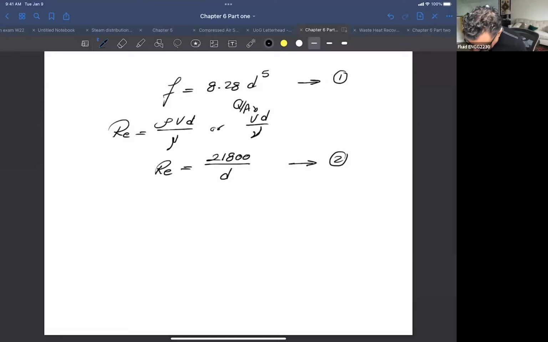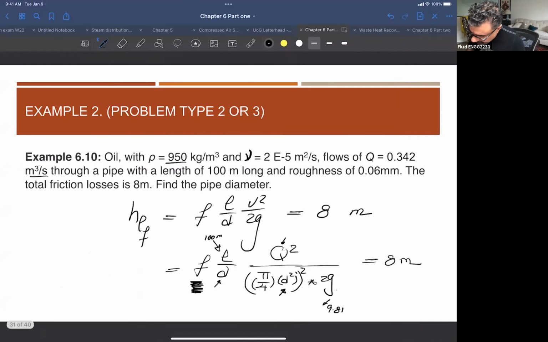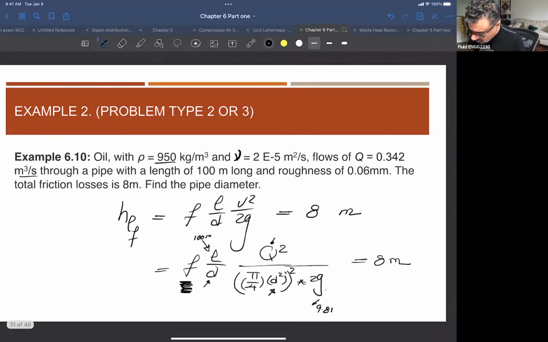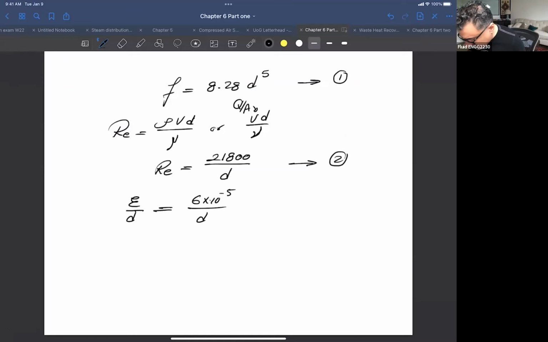But again, if we need epsilon over d, epsilon is given as 6×10⁻⁵, because this is in millimeter, so you have to divide by 1000 to convert everything to meters, and the diameter here will be given in meters. So this is equation 3. It looks like everything is dependent on the diameter. Okay.